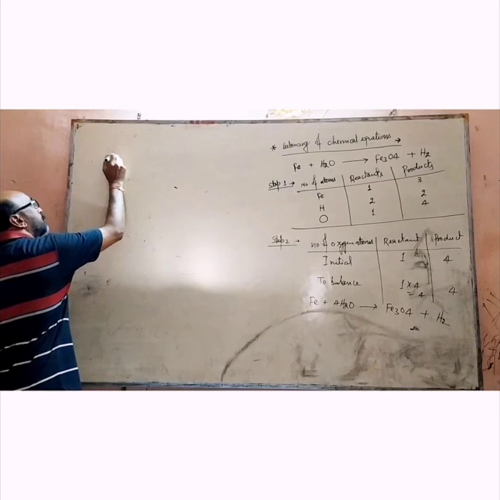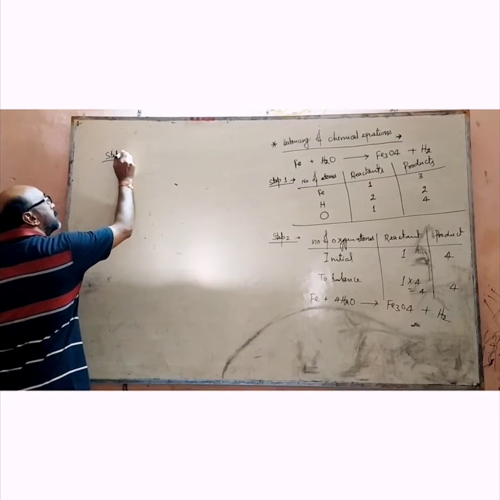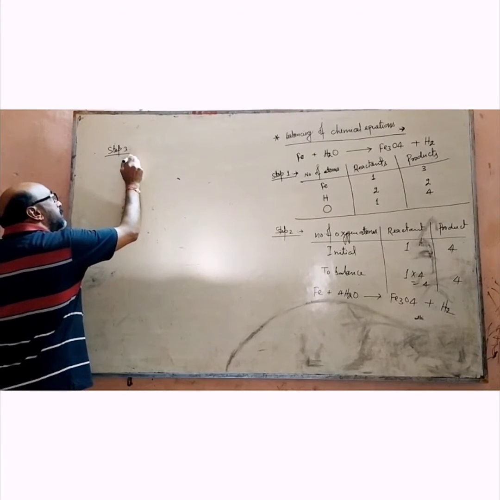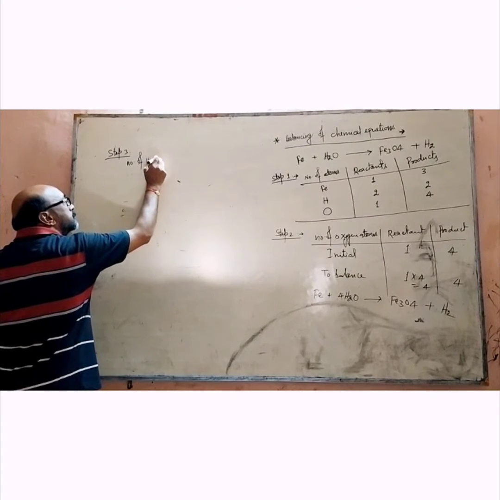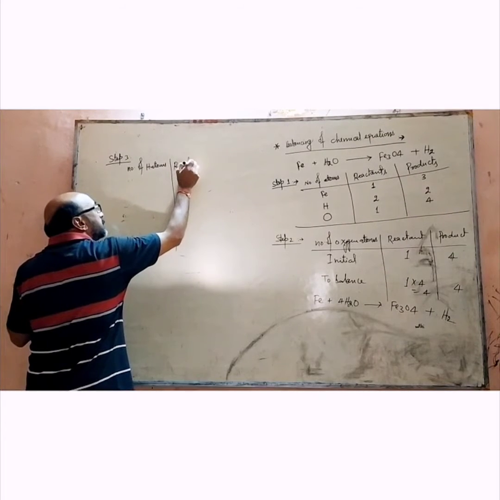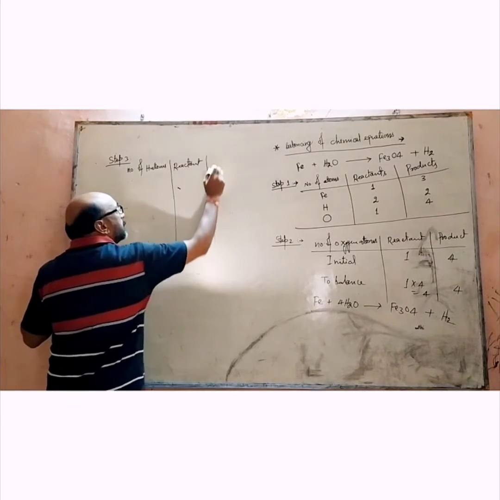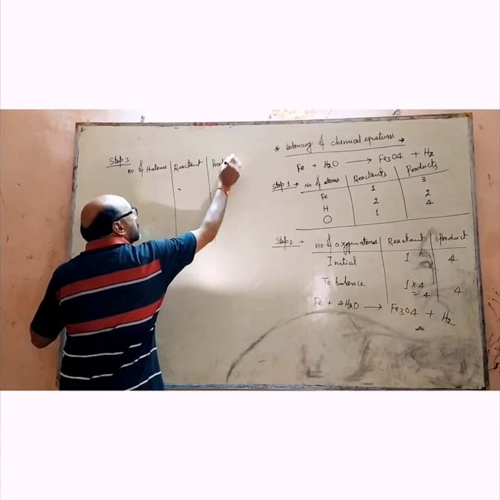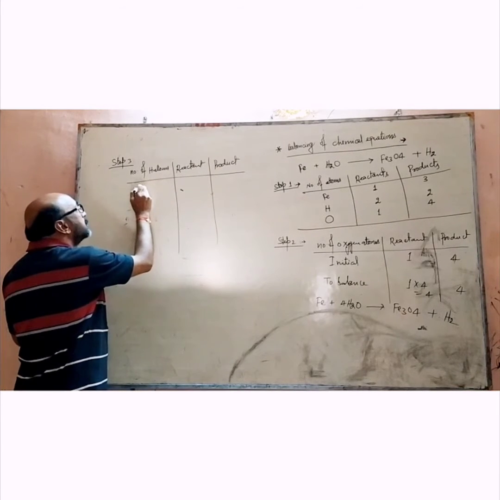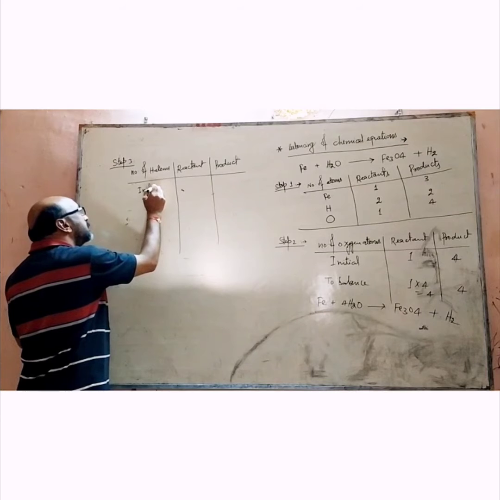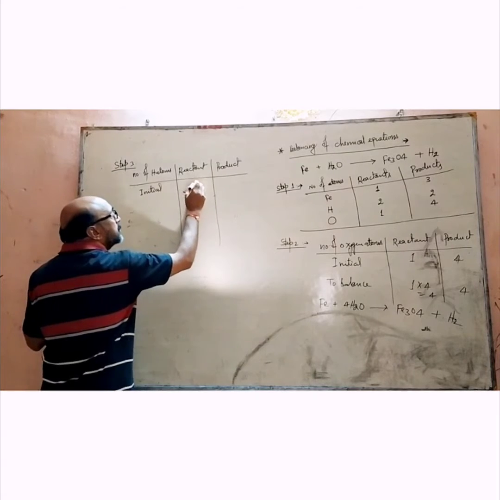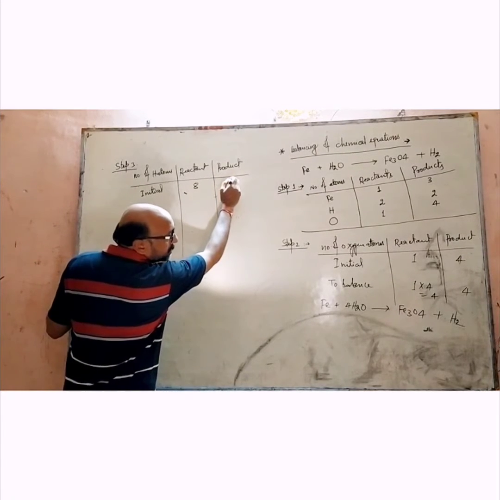In the third step, we take the number of hydrogen atoms in the reactant and in the product. The number of hydrogen atoms is initially 8 in the reactant and in the product it is 2.